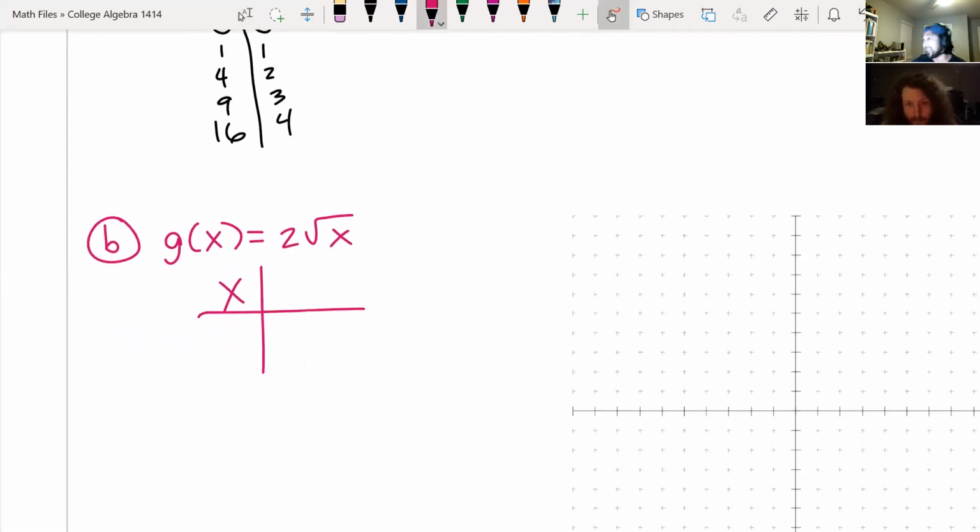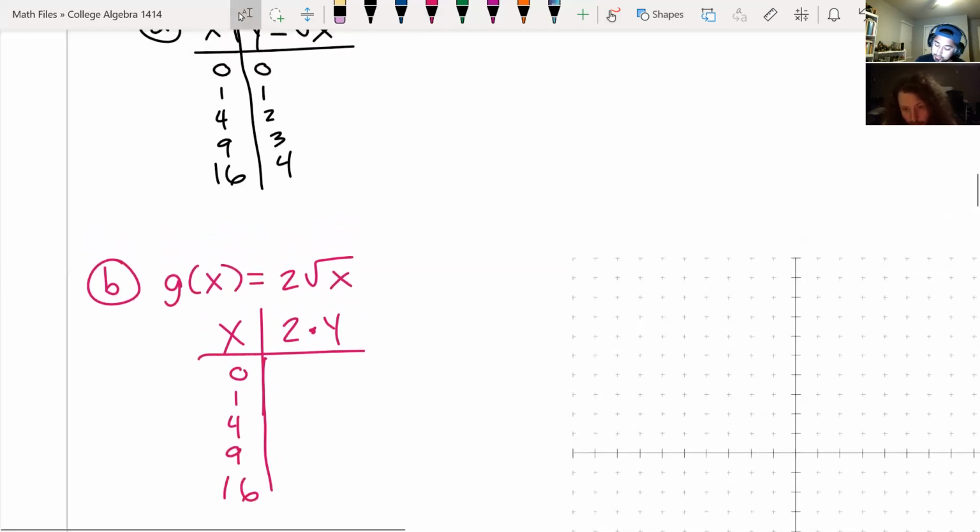And I'm just going to rewrite it a little differently this time to show the transformations. I'm going to say 2 times y. This will just show us the transformations. So our x values stay the same, 0, 1, 4, 9, 16. And I'm going to take all those parent function y values and multiply them by 2.